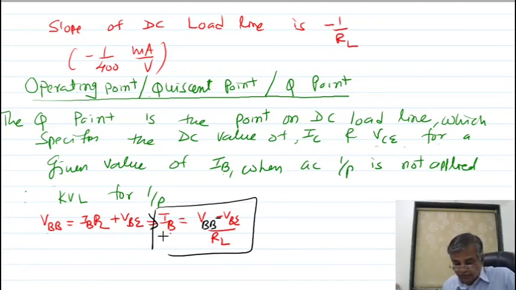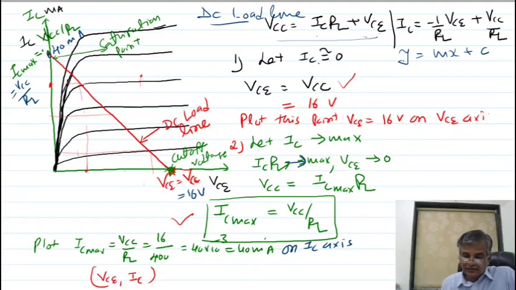The intersection point of this base current with the DC load line is called the Q point, or the operating point.